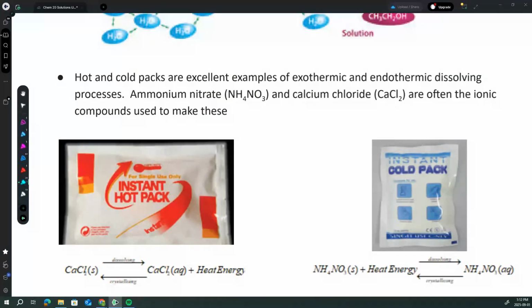So there is a bit of an endothermic process to that. However, there's a lot more energy given off by new bonds being formed within the hot pack. And you feel that because it gets hot. There's lots of energy being released.